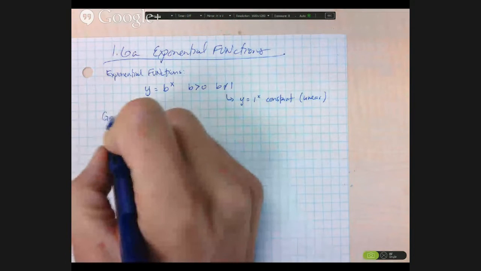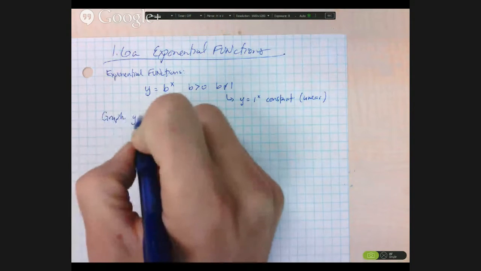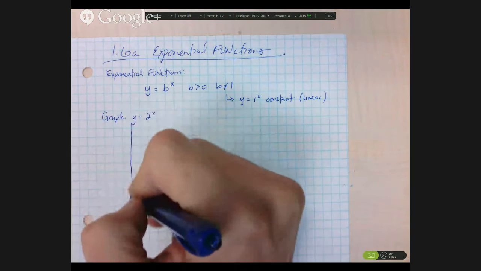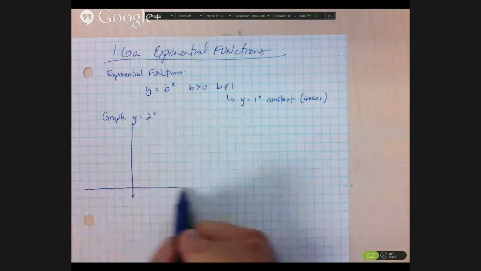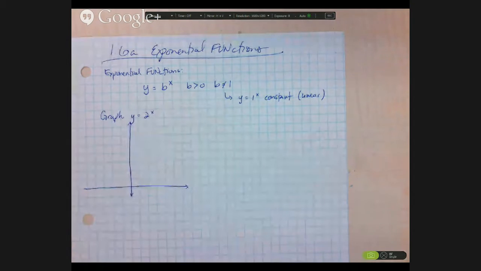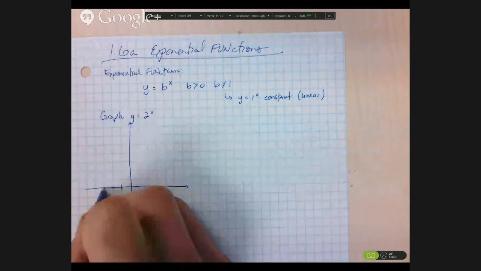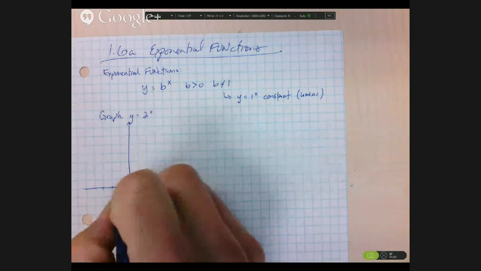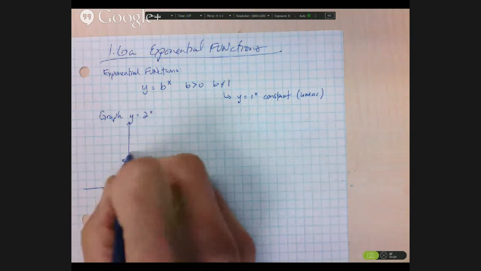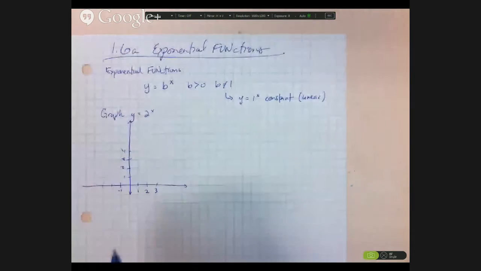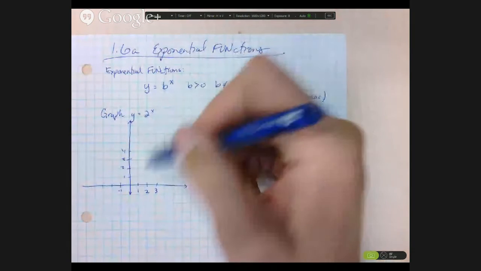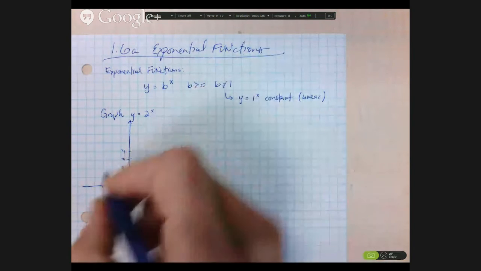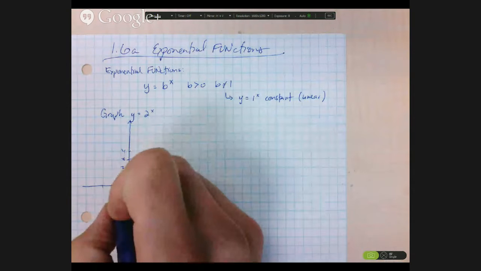Let's graph y equals 2 to the x. All right, so 2 to the 0 is 1. 2 to the negative 1 is 1/2.